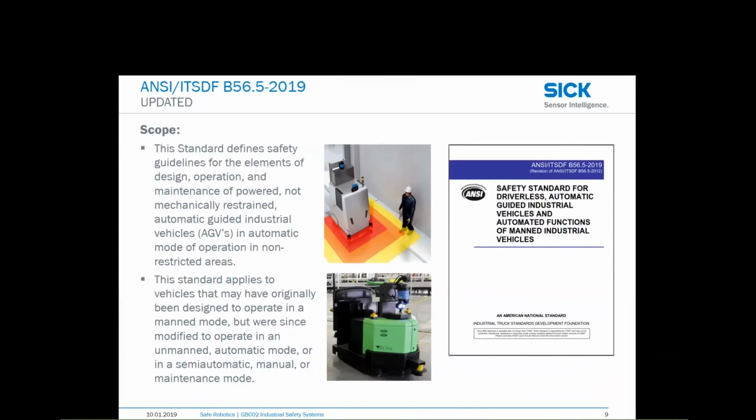Or if you're the system supplier or the manufacturer, you'll find information pertaining to your activities in Part 3 of the standard. The standard does provide safety guidelines for the construction and the implementation of these AGVs. And also under consideration are manned vehicles that have become unmanned and may be redeployed in a semi-automatic or manual mode. So it's also something to consider, but that's the general scope of the B56.5.